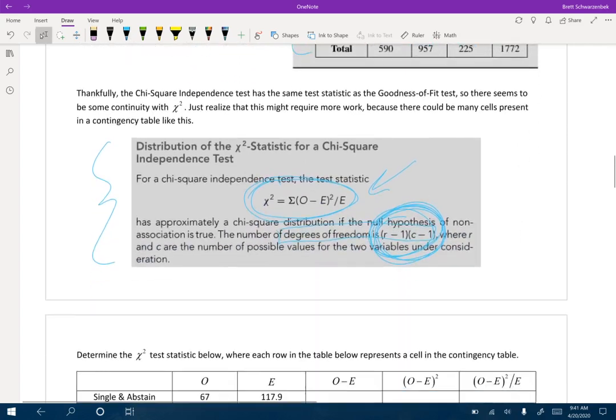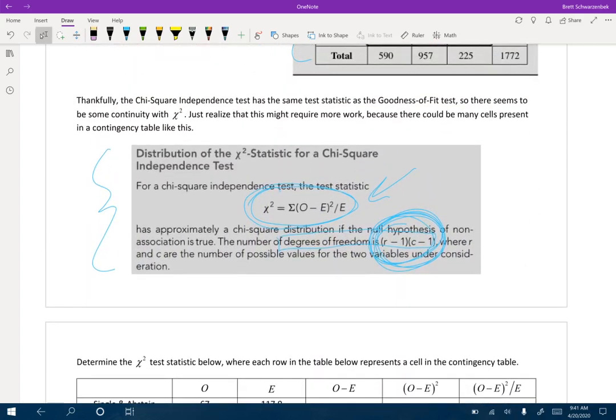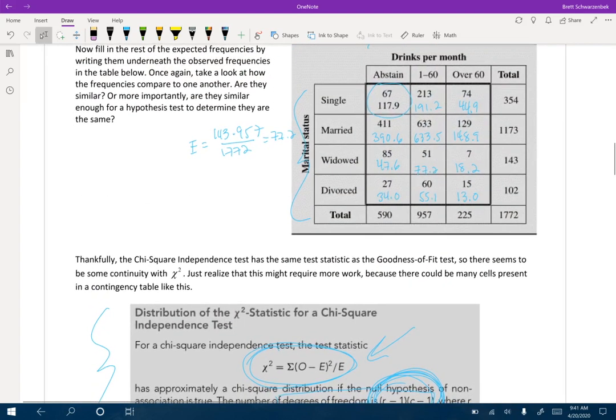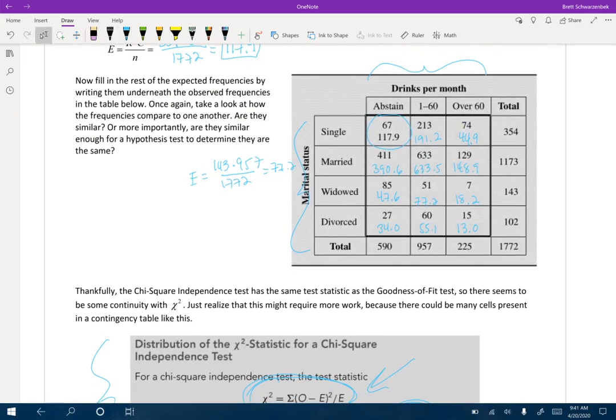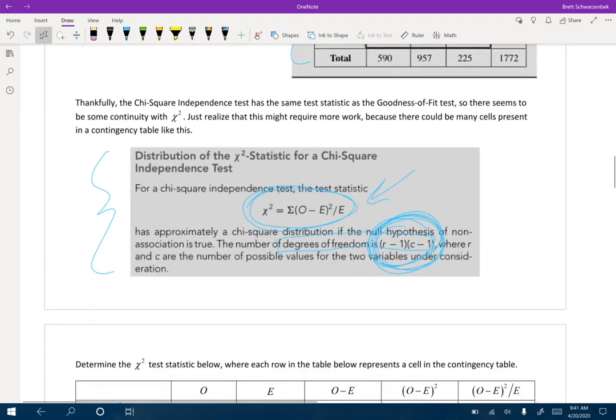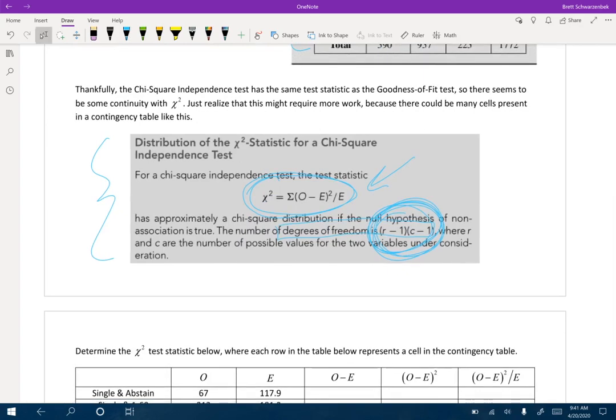If we're going to actually calculate that, it would be pretty quick, right? So it would be 4 minus 1 times 3 minus 1, which is 3 times 2, which is 6. So that would be our degrees of freedom. We'll do that in a second. But basically, that is the idea when it comes to calculating degrees of freedom for a chi-squared test statistic.